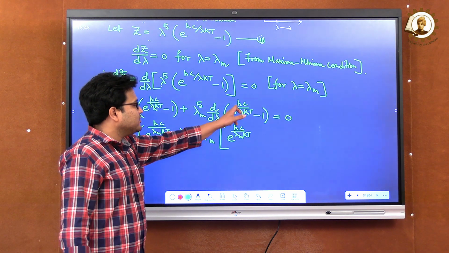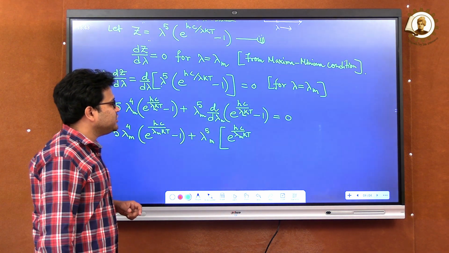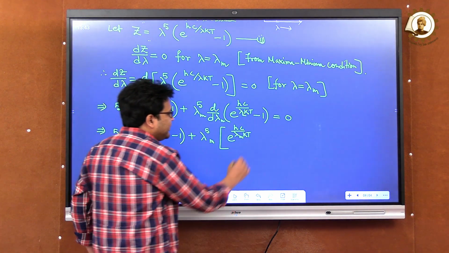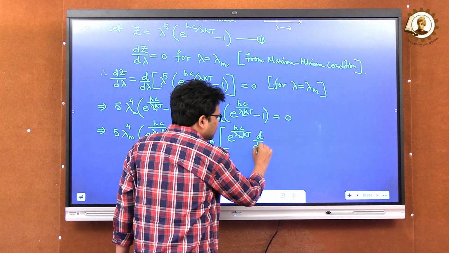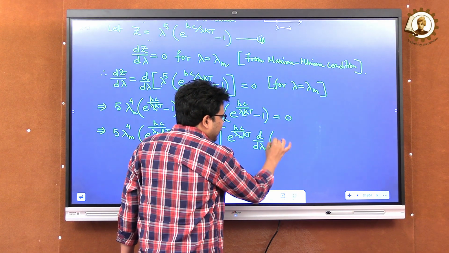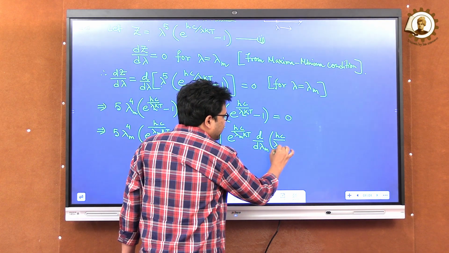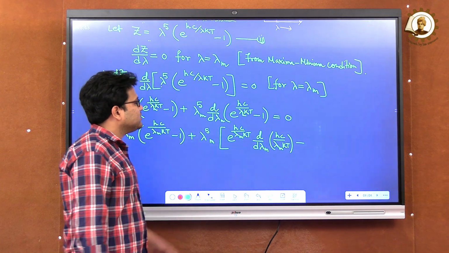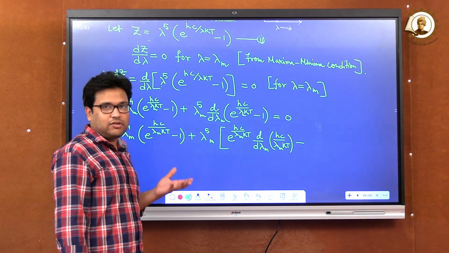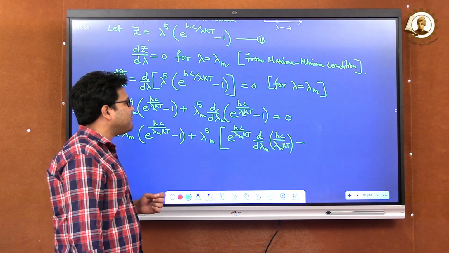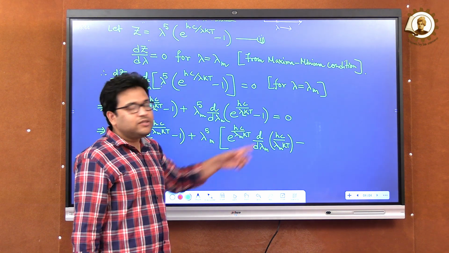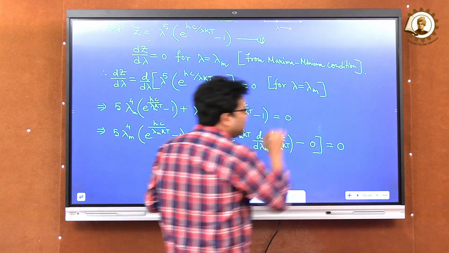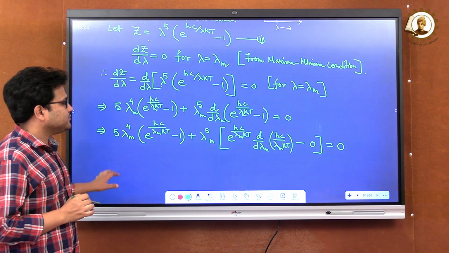Now what about the power? The quantity placed in the power of this exponential term also contains a lambda m term, so we need to differentiate once more on hc by lambda m kT. What about the minus 1? Since it is a constant, d by d lambda m on this constant results in 0. The third bracket is closed, and on the right hand side we have 0. Clear?